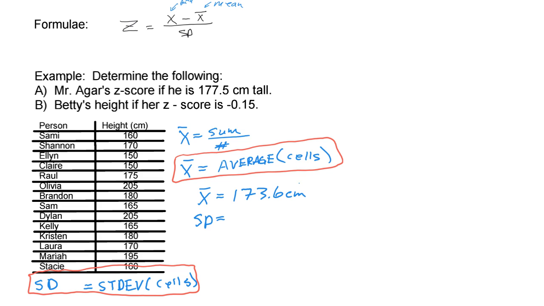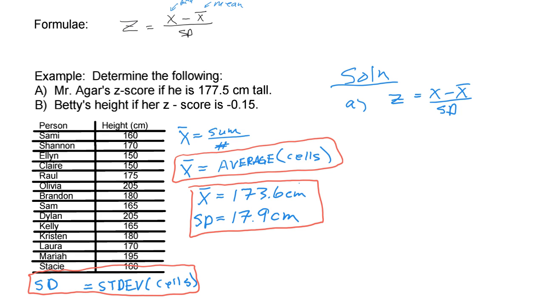In this case, the mean X-bar is equal to 173.6 and S is equal to 17.9 centimeters, either by doing it by hand or using Google spreadsheets. So now, if we need to find Mr. Agar's Z-score, the first thing you're going to do is start with your basic equation.